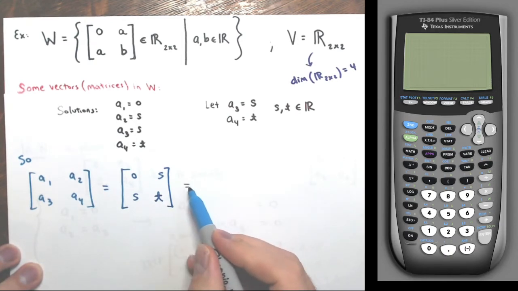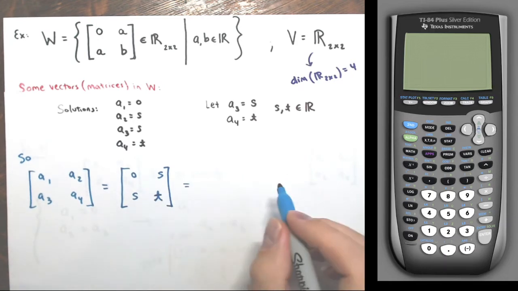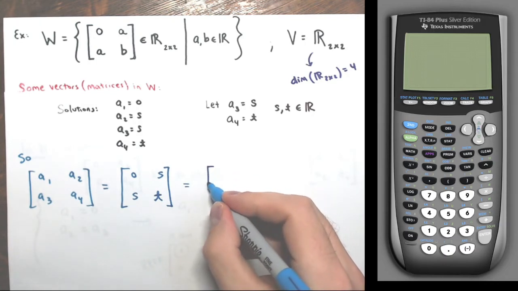And then just like in the last example with the polynomials, I now have these two free variables, this S and T. I would like to separate it into a term with S plus a term with T. All right, separate it, and write this matrix here as a linear combination of two matrices, again, one with a coefficient of S, one with a coefficient of T. So this is using matrix addition here, and remember, to split up a 2 by 2 matrix, I have to write it as a sum of two other 2 by 2 matrices.